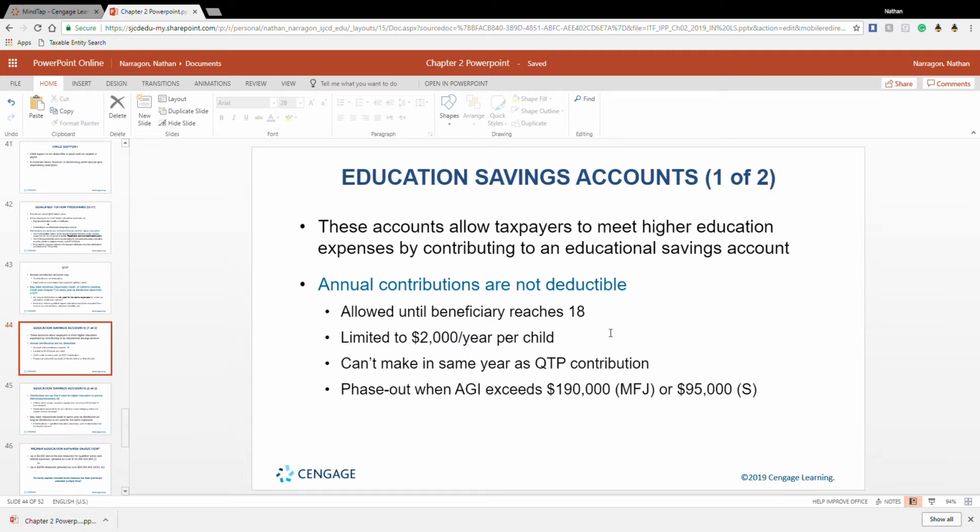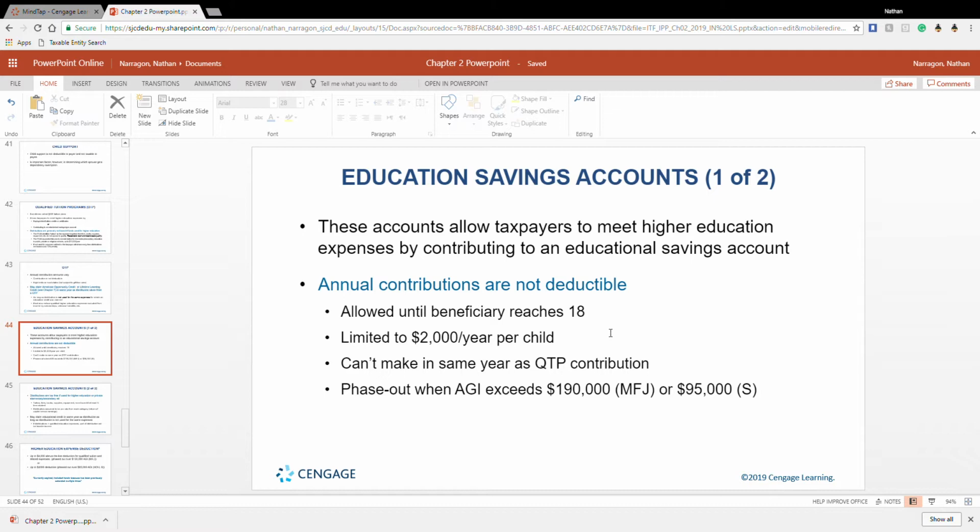So again, with education savings accounts, so these Section 529 or anything other, these accounts do allow the taxpayer to meet those higher education needs. Now, to do these, annual contributions are not deductible. They are allowed until the beneficiary reaches 18.